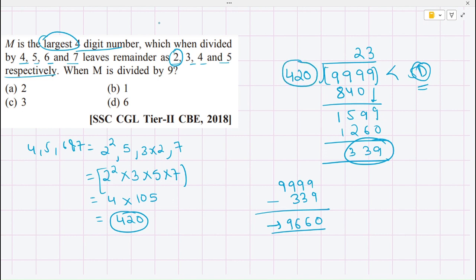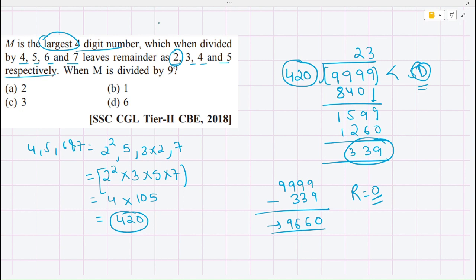The least common multiple of these numbers is this itself, but 9660 becomes a multiple of this particular number, which means that all these numbers, that is 4, 5, 6 and 7, will be able to divide this completely, and hence the remainder that we'll get is 0. But here what they are saying is that the remainder should be 2, 3, 4 and 5 respectively.